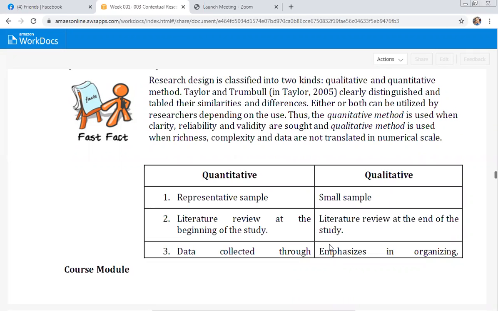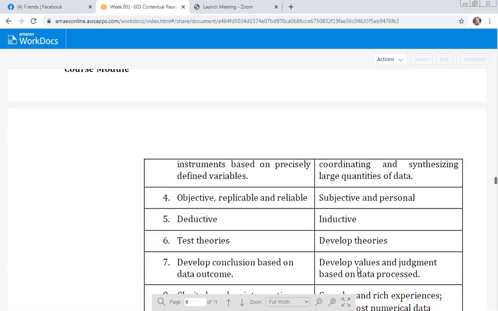So these researches are done by the medical laboratories abroad to test the efficacy of COVID-19. In this case, they've used quantitative and qualitative research together. Okay? May numbers, may experiences. Merong subjective findings, meron ding objective, replicable, and reliable findings.